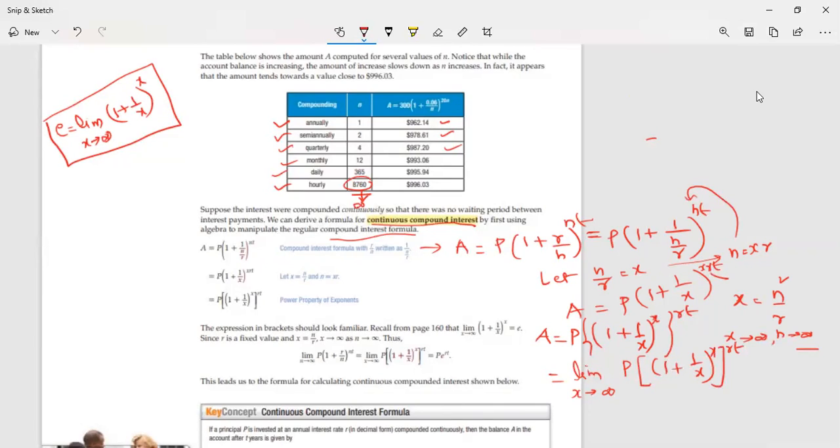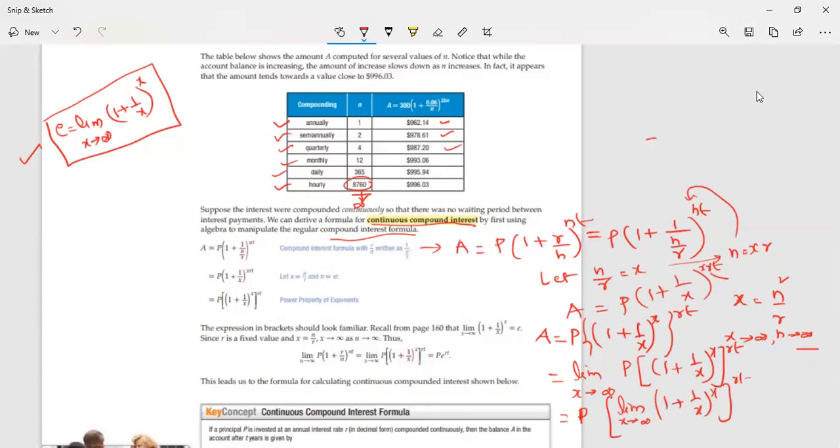What we are doing is converting into exponential form the same formula for continuous compound interest. In the question, it is not written quarterly, but it is written continuous compound interest, so we are going to derive that third formula. Now this limit will go inside, and we can write P outside, and the limit with the function of X only: limit as X tends to infinity of 1 plus 1 by X raised to power X, whole raised to power RT.